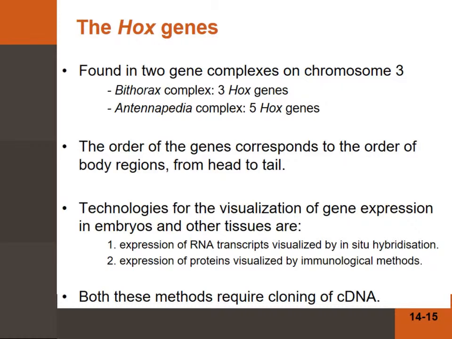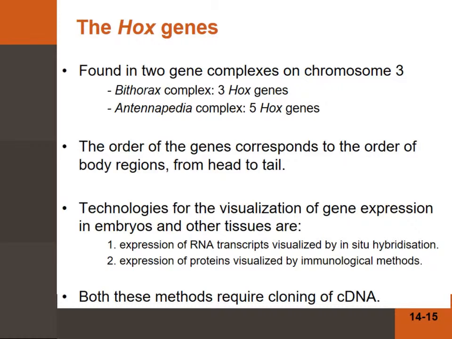So technologies for enabling visualization of gene expression in embryos and any other tissues in any organism are, number one, to look at the expression of the RNA transcripts, and these can be visualized by using a technique called in situ hybridization.